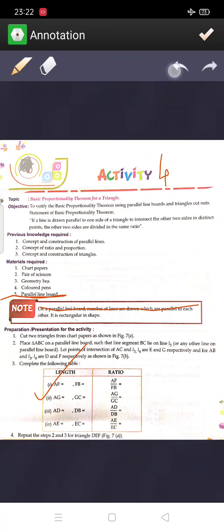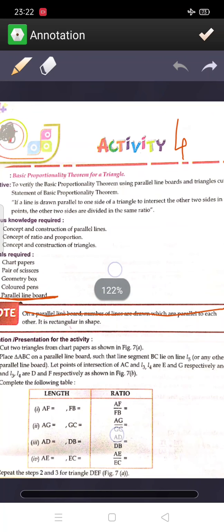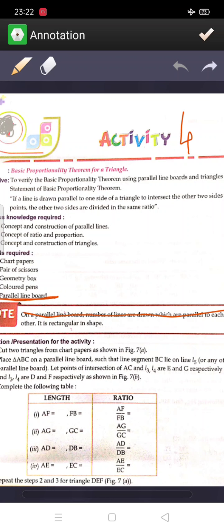Students, you have to be very careful filling up these gaps which you have to measure. It's your choice what shape of triangle you are using.